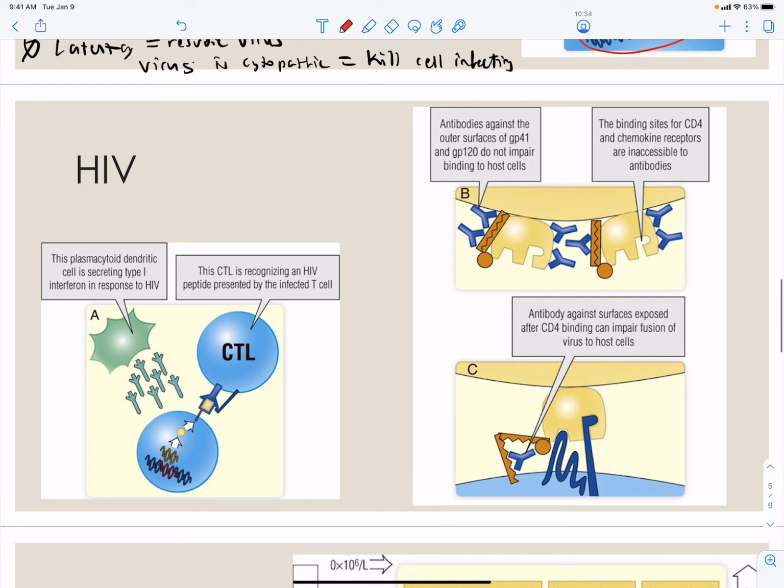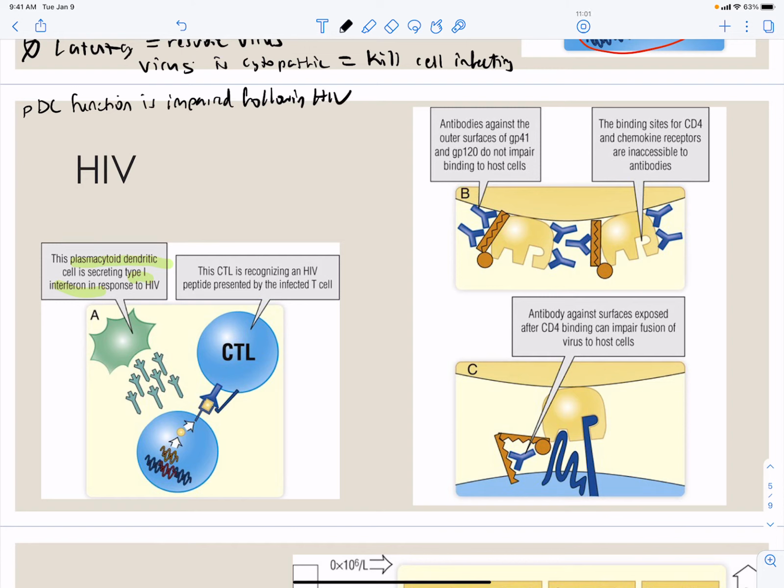Now, some of the immune responses to HIV: we have, for example, a plasmacytoid dendritic cell, which is a good type 1 interferon inducer, which we know is antiviral. However, plasmacytoid dendritic cell function is impaired following HIV.